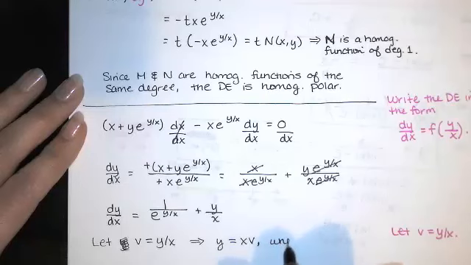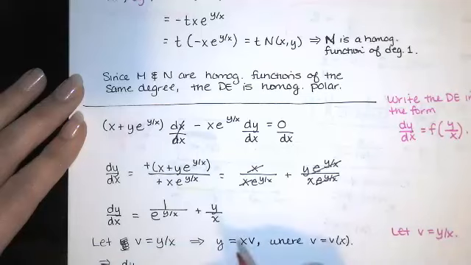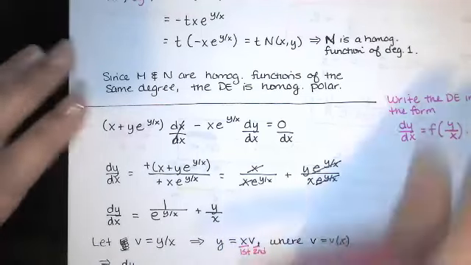And we want to think of v as a function of x. Since we're thinking of v as a function of x, when we take the derivative of y with respect to x, we've got to use the product rule. This is my first function, and this is my second function. I'm taking derivatives with respect to x.